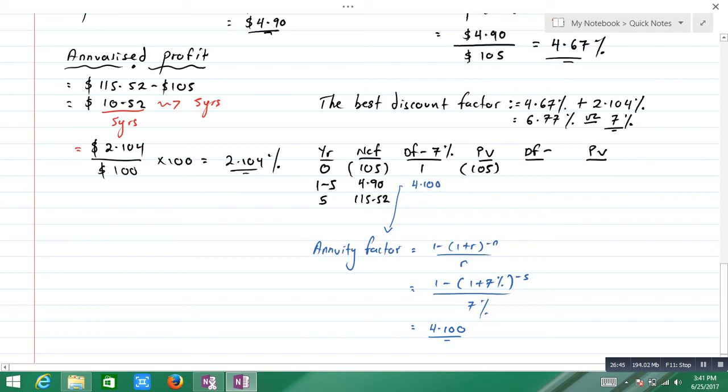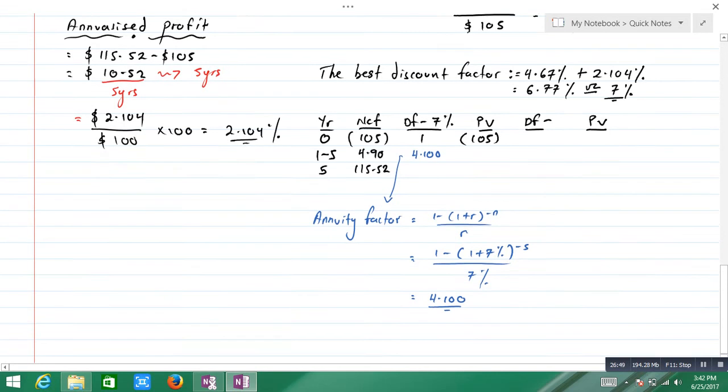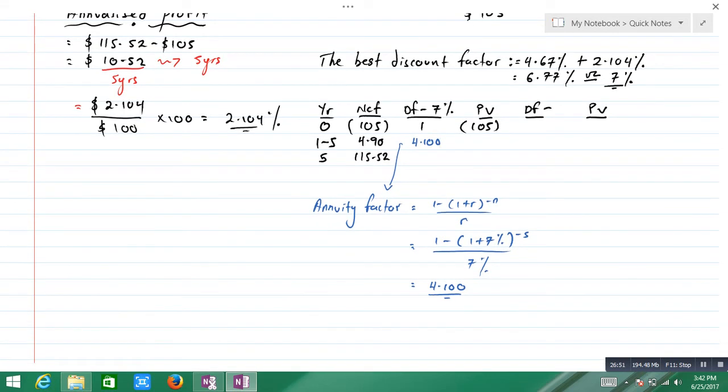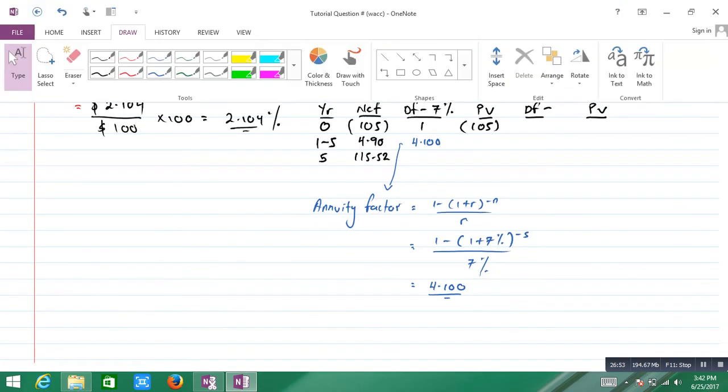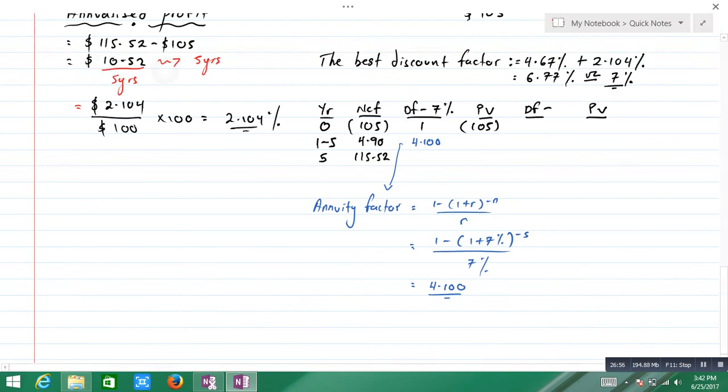Okay, so the next part is going to be at the year 5. This one you have to use the normal discount factor formula, 1 over 1 plus r power of n, the year. So therefore 1 plus 7%, power of 5 years.